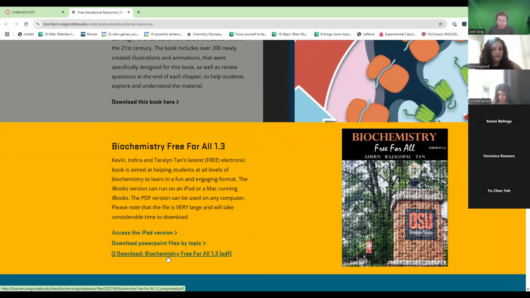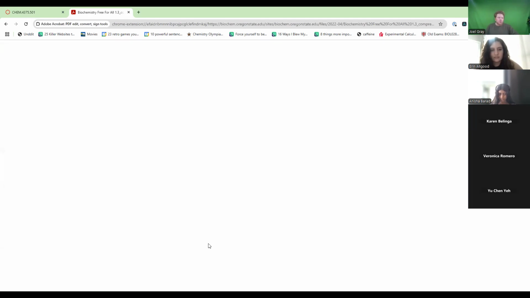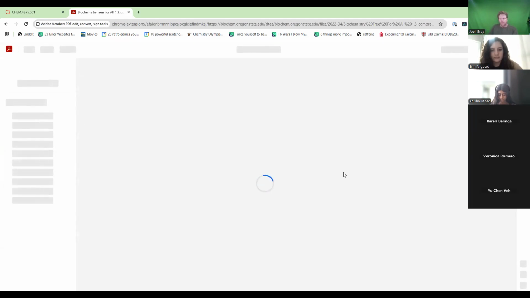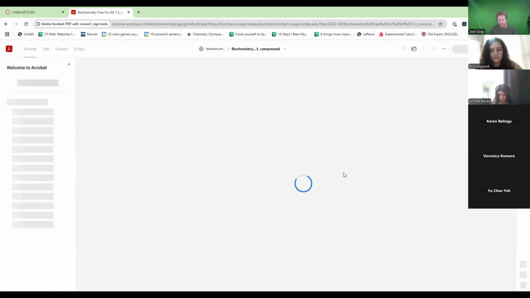My biggest criticism of this textbook, which I'll go ahead and open the PDF, and this is really the case for most open educational resources, is that they're well done, but it's almost like there wasn't an editor who came back and looked at everything and said, hey, we can get a higher resolution image for that.